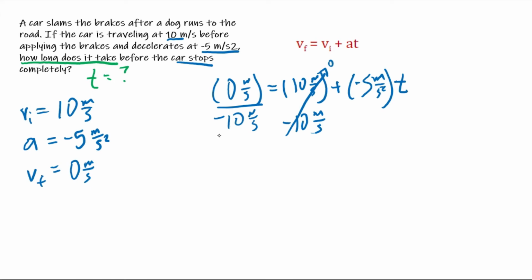This on the left side, right, because we're subtracting and to undo an addition, means that we're going to be left with a negative 10 meters per second on the left side. You have a -5 meters per second squared multiplied by our time, and this seems to be a multiplication relation.